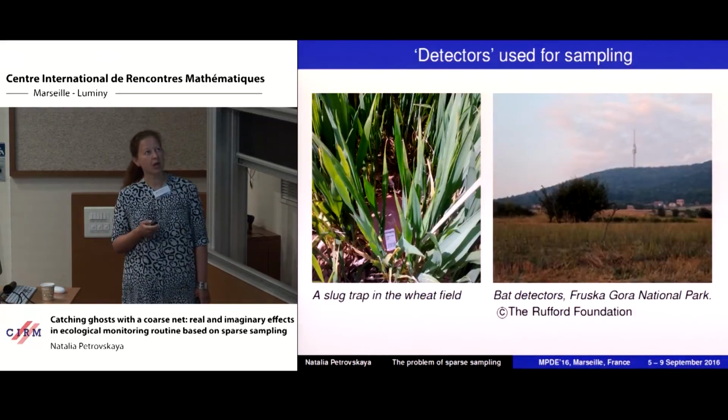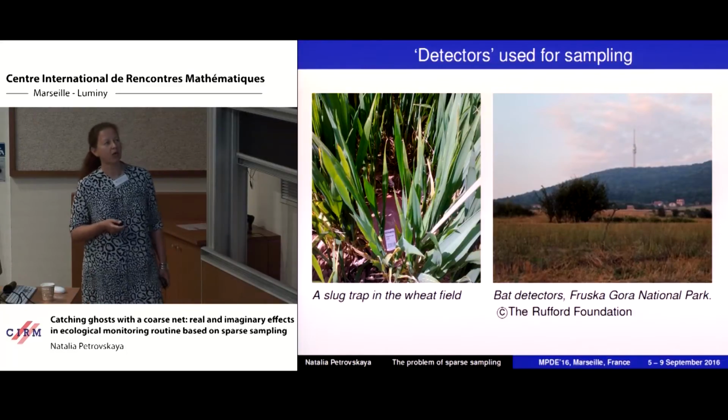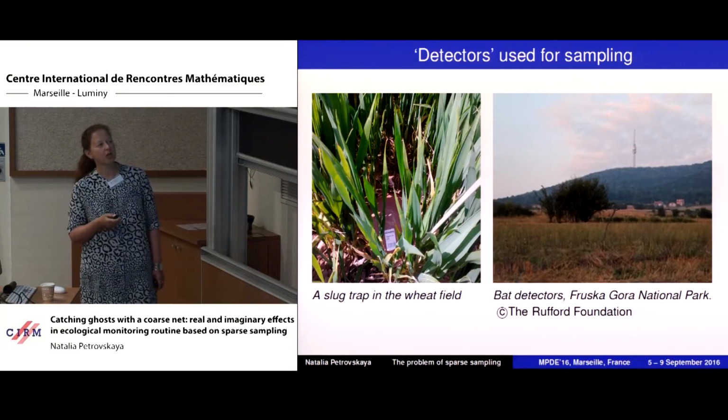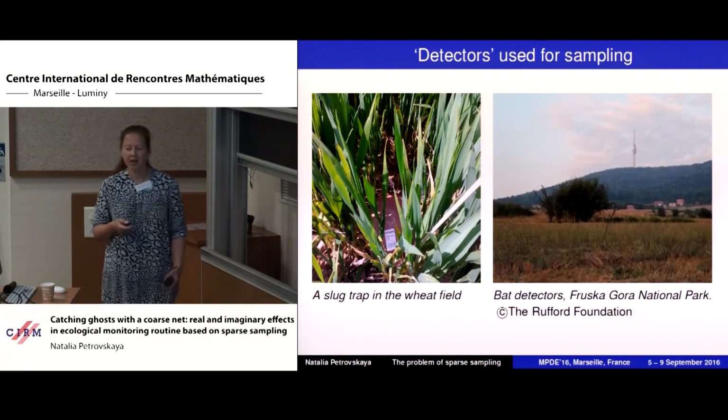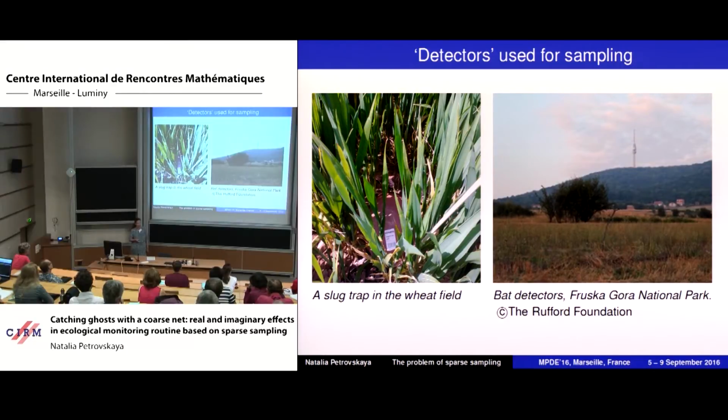So first, as I promised, there are some examples of what we may call detectors. A very simple picture, I made it myself somewhere in Shropshire: a slug trap in the wheat field looks like a plate. Actually, there is a plate, so it's a very simple trap. In this picture, something that looks like a stick, but in reality it's something much more sophisticated.